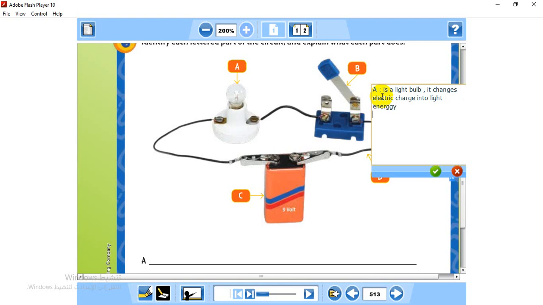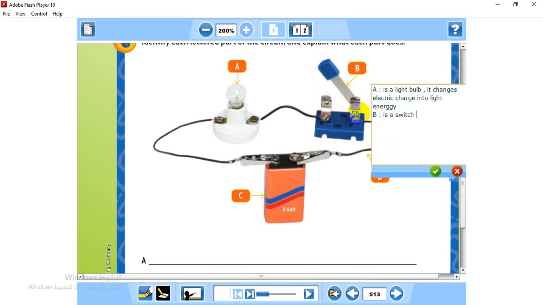Now B, what is B about exactly? This one is the switch, if you remember. So the switch is what? It is a switch that opens and closes the circuit. By the way, is the state of the switch now open or closed?